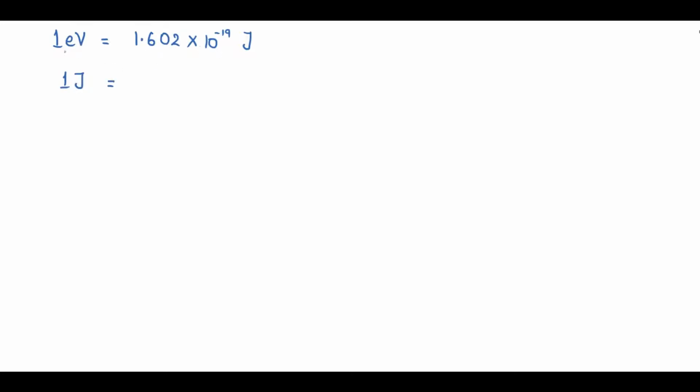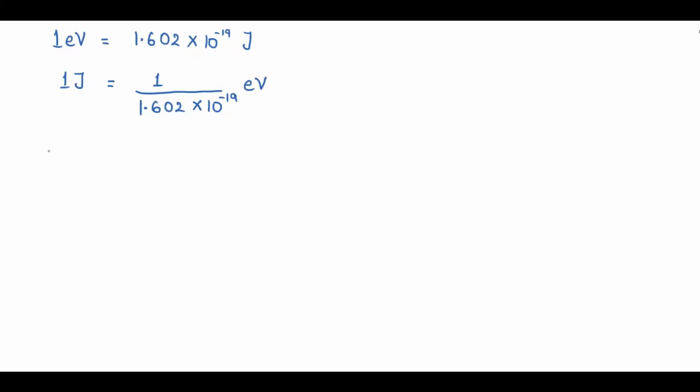So 1 joule equals 1 by 1.602 × 10^-19 electron volts, because if I take this value to the other side of the equals sign, it will be in the denominator.